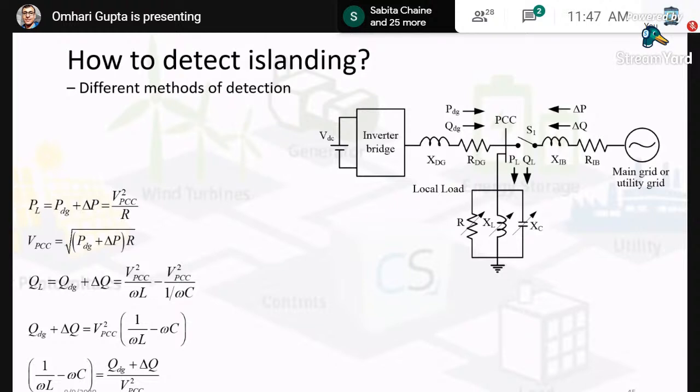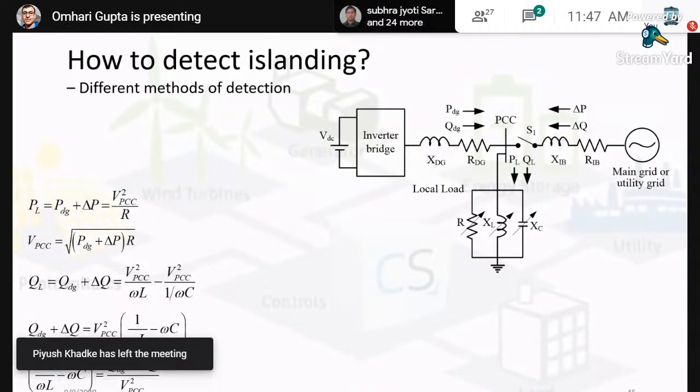Now suppose there is a condition when PDG becomes equal to PL. Then delta P will be 0, because no more supply is required from the grid to have this PL. The entire PL is being supplied by this PDG.